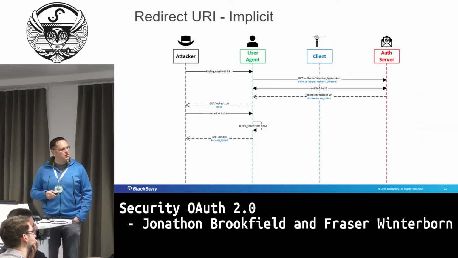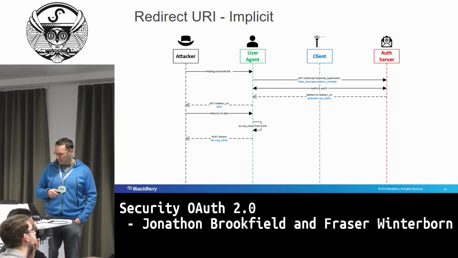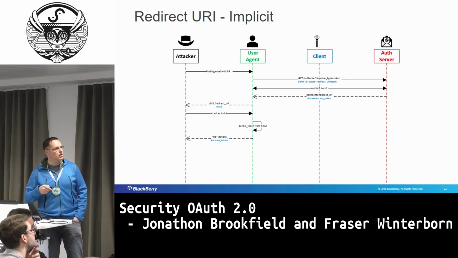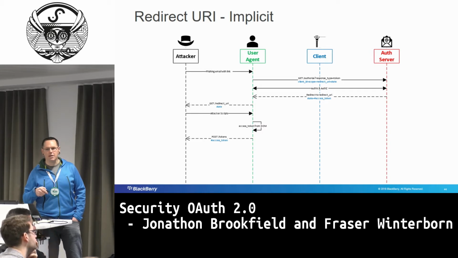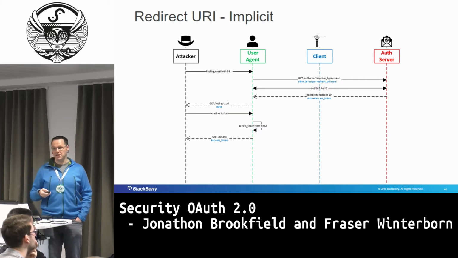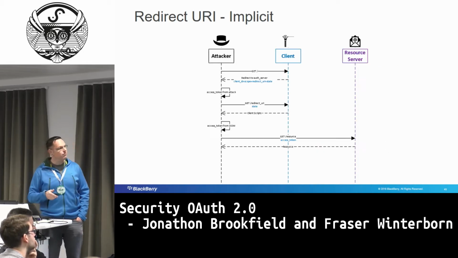In terms of how that looks on the implicit flow, it's the same mechanism, a phishing link. You go through the OAuth flow, and you get redirected, but rather than stealing an authorization code, because this is the implicit flow, you steal an access token instead.